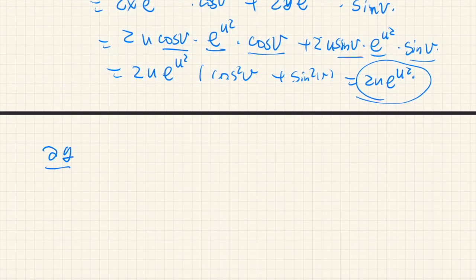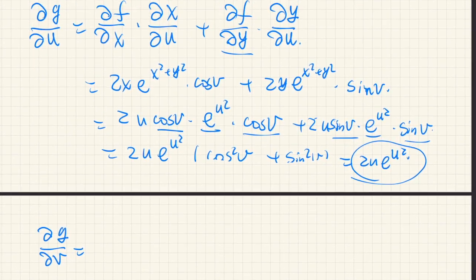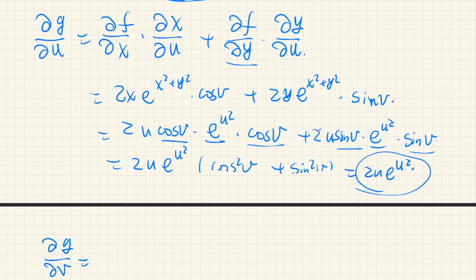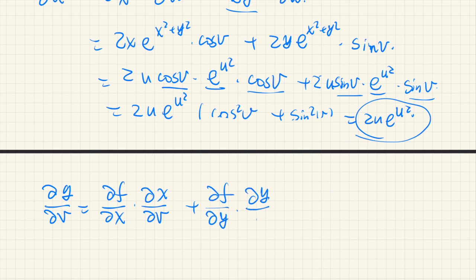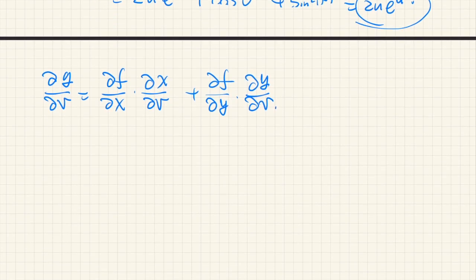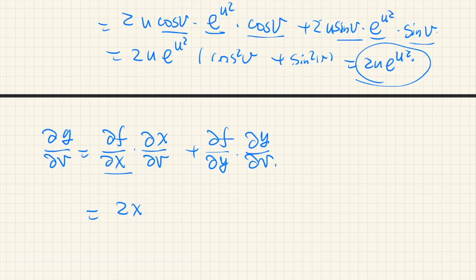Okay, then next differentiate this with respect to v, and you can expect that the result should be 0. But let's apply the chain rule blindly to see what happens. Okay, so this one we already calculated before. That's 2x.